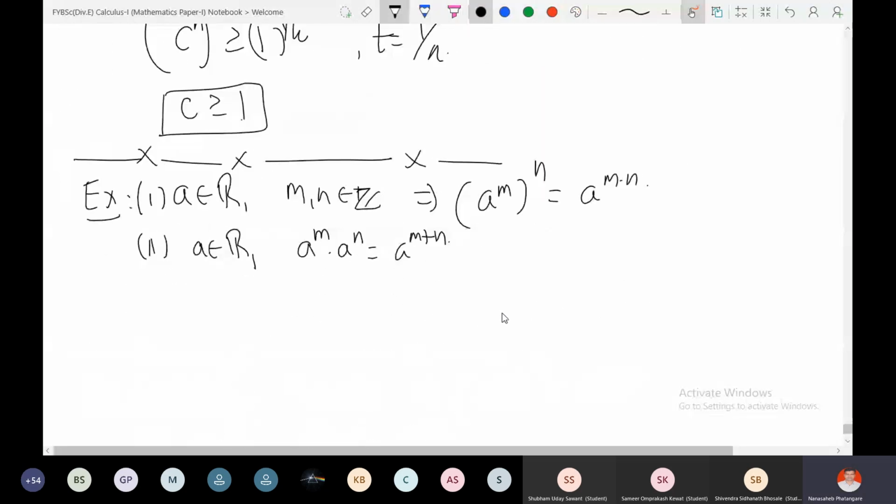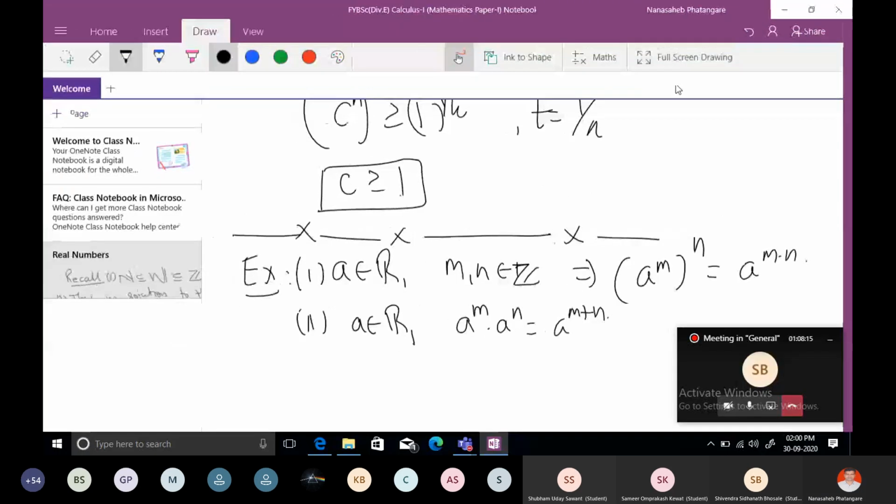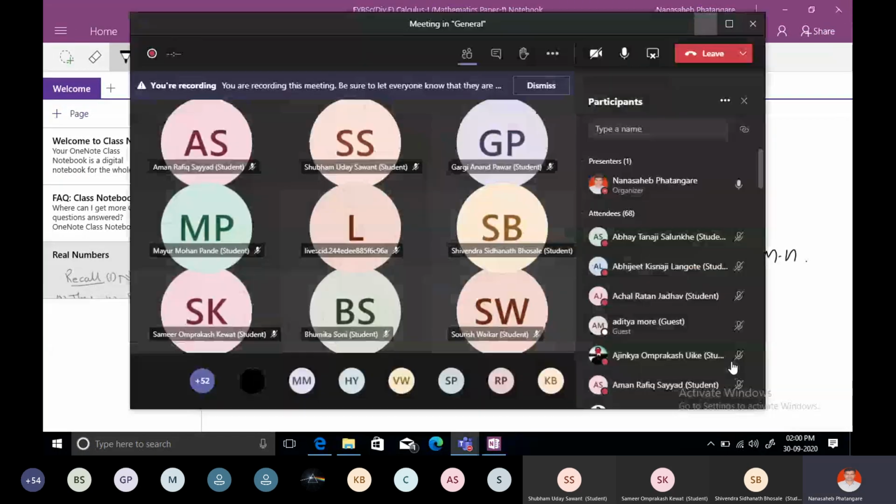Therefore these order properties and algebraic properties are the building blocks, and whatever properties of real numbers we are using are just consequences of them. Everything can be proved from that only. Okay, so is it clear? Any doubt so far? Is it clear? Everything is clear.